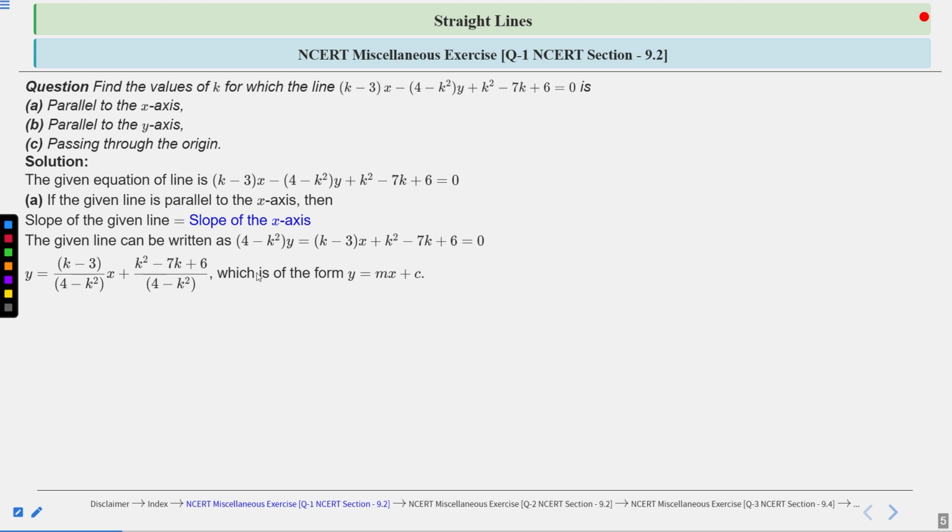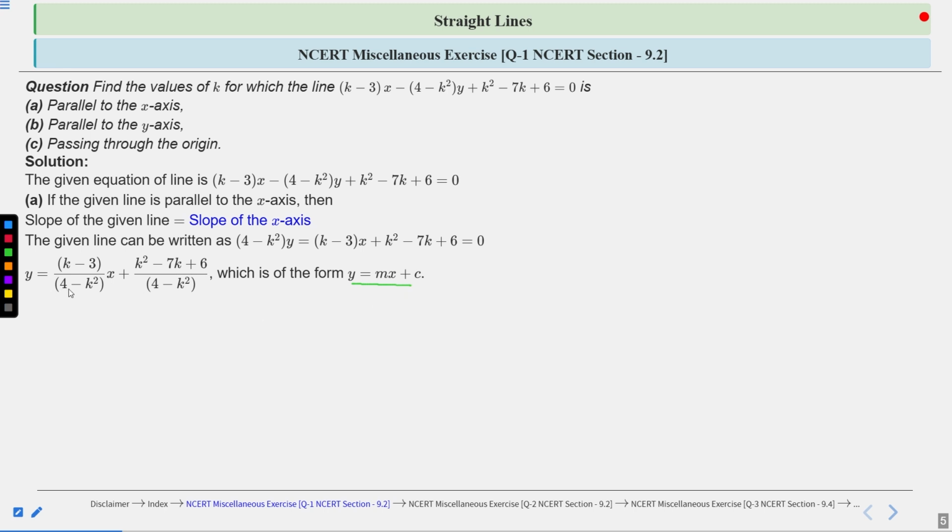Now we can divide by 4 minus k square on both sides, and we obtain y equal to k minus 3 divided by 4 minus k square times x plus k square minus 7k plus 6 divided by 4 minus k square. This equation is of the form y equal to mx plus c.